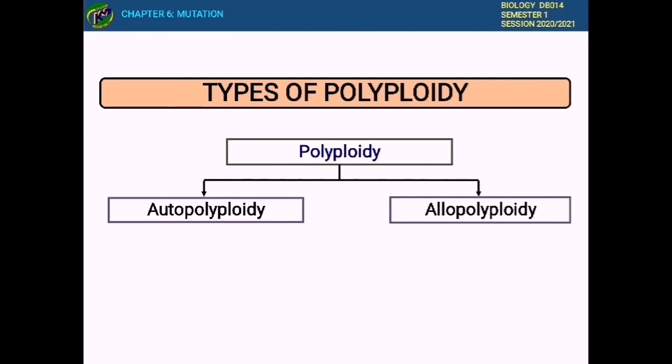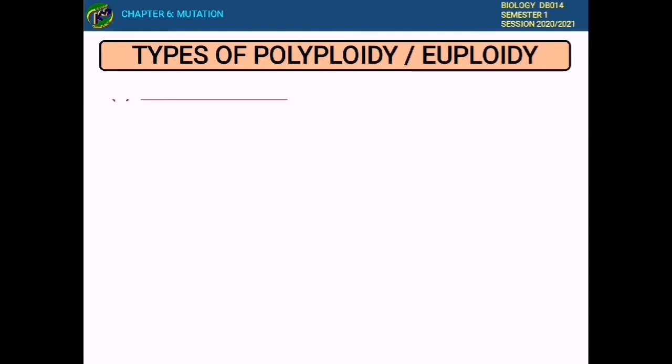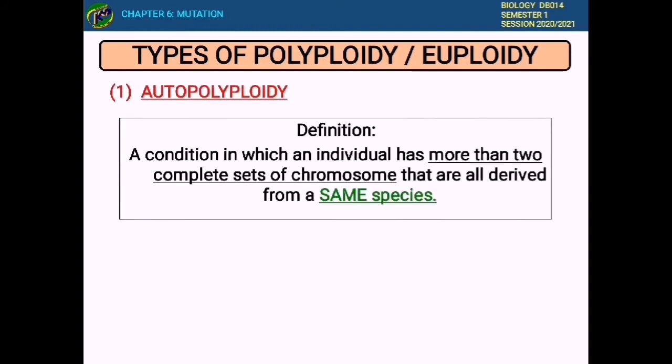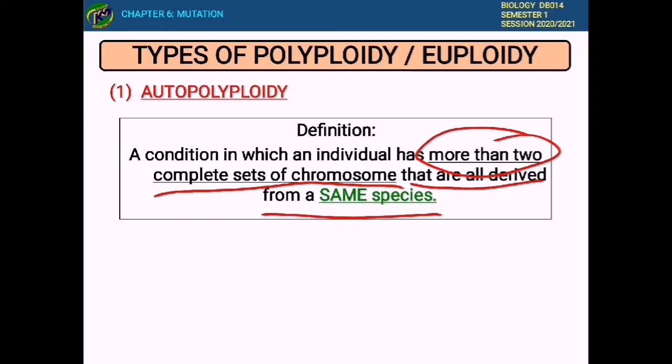So we have two types of polyploidy: autopolyploidy and allopolyploidy. Autopolyploidy is a condition in which an individual has more than two complete sets of chromosomes that are all derived from the same species.